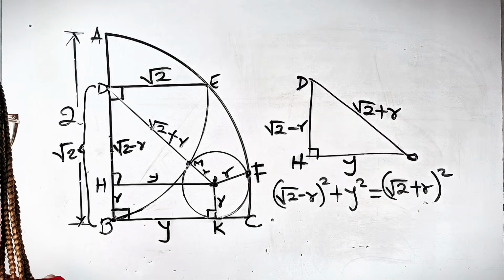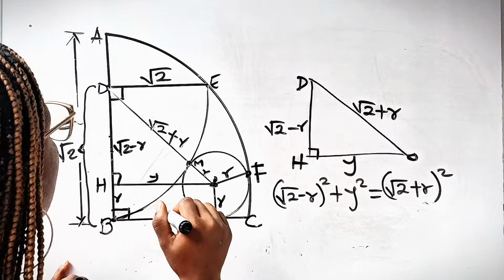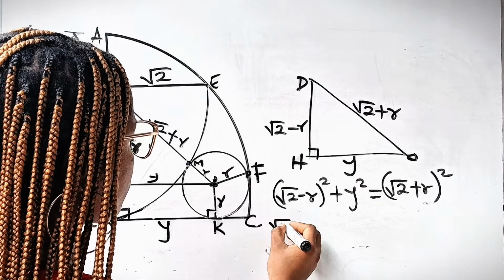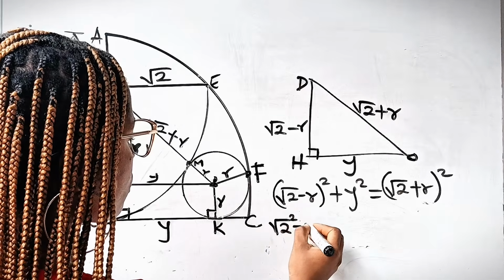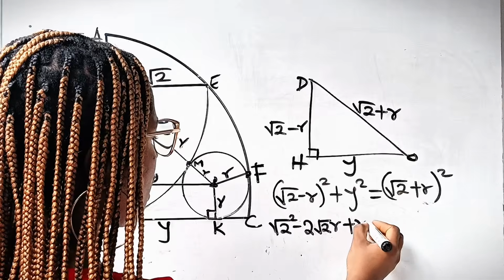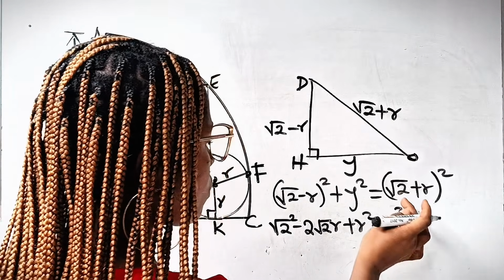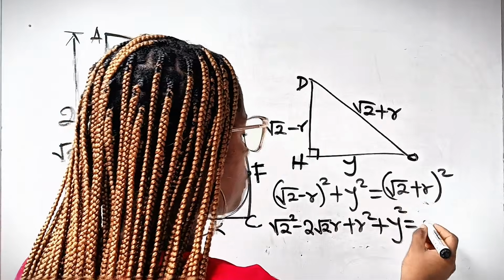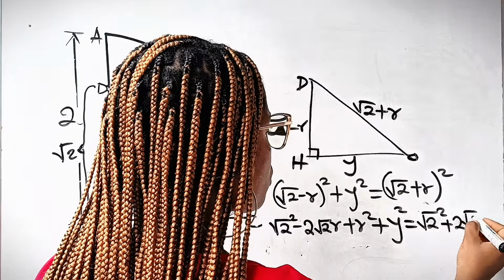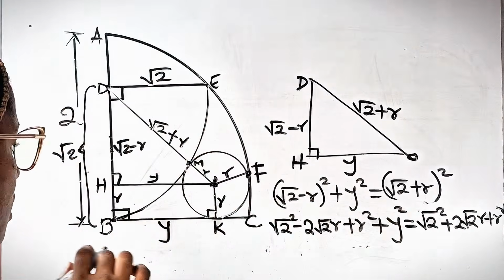Now, if we expand this, we are going to have root 2 squared minus 2 multiplied by root 2R plus R squared, if we expand this. Then plus Y squared is equal to, this is root 2 squared as well, plus 2 root 2R plus R squared. I just hope you can still see that side.